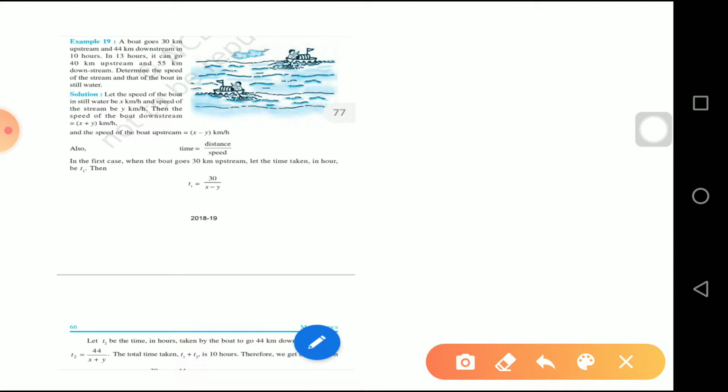Now we will discuss example 19 of your NCERT textbook.